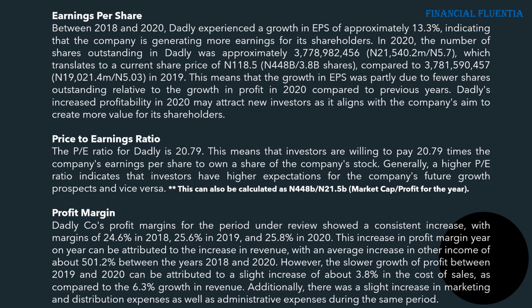Also, coming to the price to earnings ratio, it just shows how attractive a company is and how committed its investors are in financing this business. So after calculation, which is the total market capitalization divided by earnings, which is the profit for the year, we observe that the PE ratio is about 20.79, which shows that the investors are ready and committed to pay 20.79 times of the company's earnings.